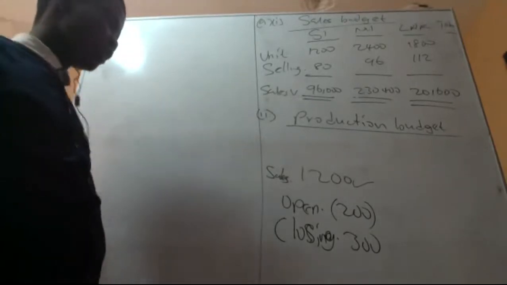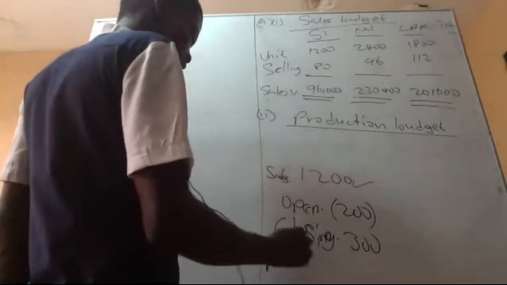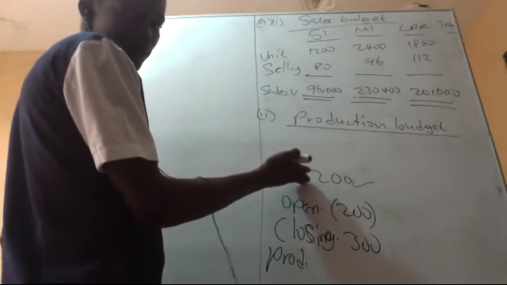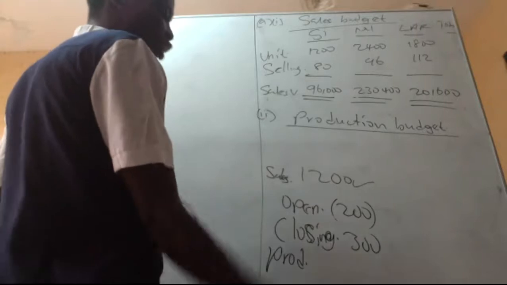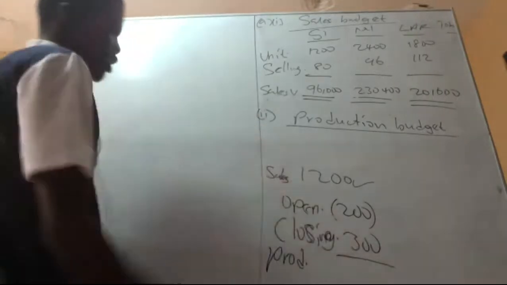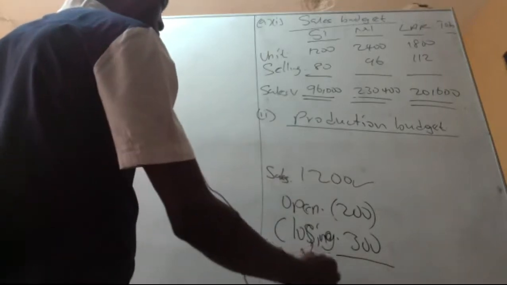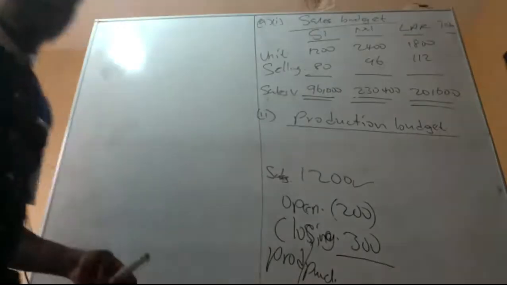So in short, if you want to get your production units, all you have to do is bring your sales units, less your opening inventory, and then add the closing inventory, and you are done. That's the production. Or purchases: anytime you're looking for purchases, it's the same, except that instead of using sales, you use cost of sales.